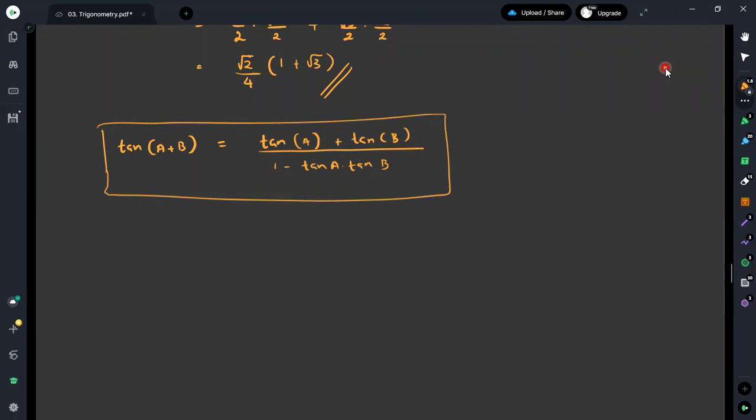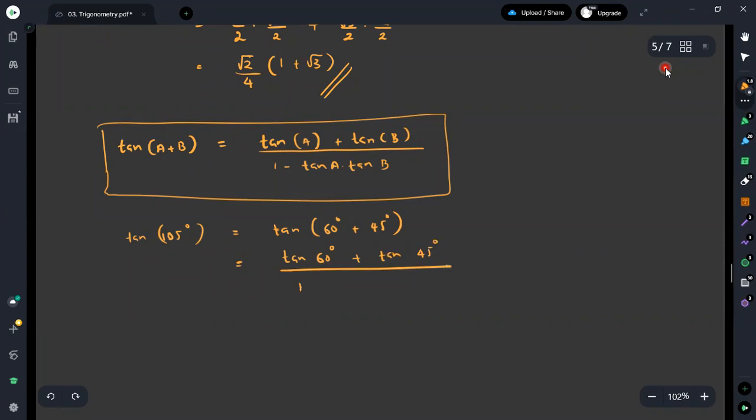If you need to find out the value of tan 105 degrees, you can write it as tan (60 degrees plus 45 degrees). Then the first angle is tan 60, plus tan 45, divided by 1 minus tan 60 degrees into tan 45 degrees.